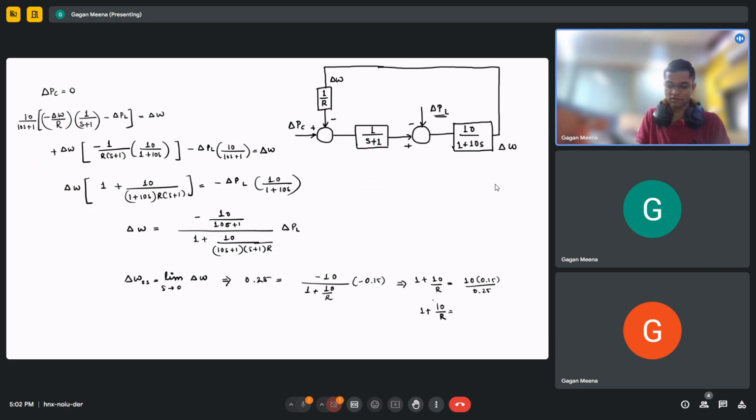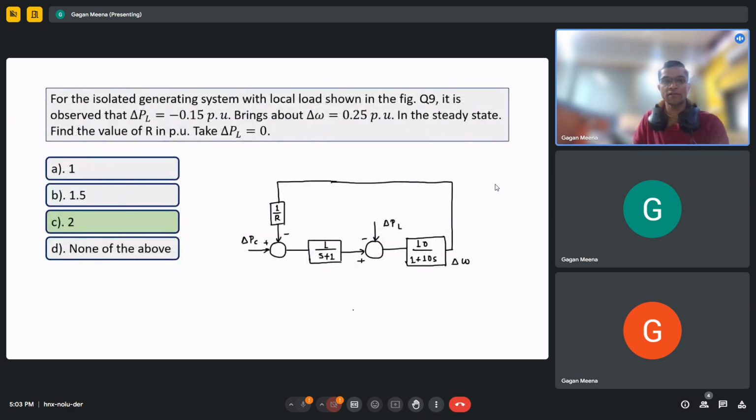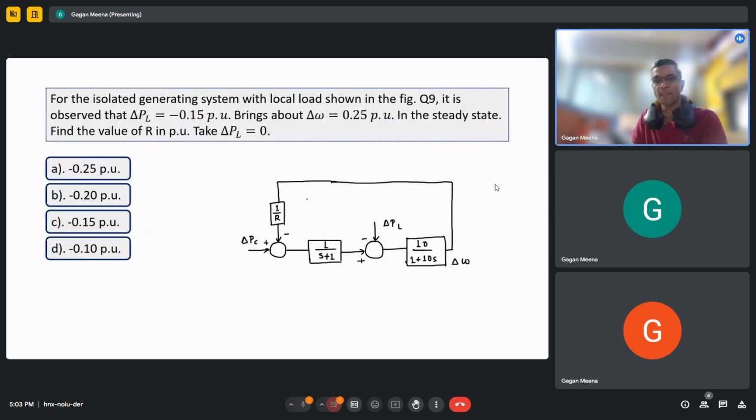plus 10 is equals to 10 into 0.15 divided by 0.25. This is 6. So 10 by R is equals to 5. This implies R is equals to 2 per unit. Yes. So this is now next question. Same continuation of this.